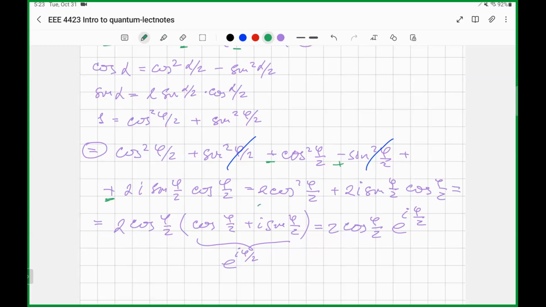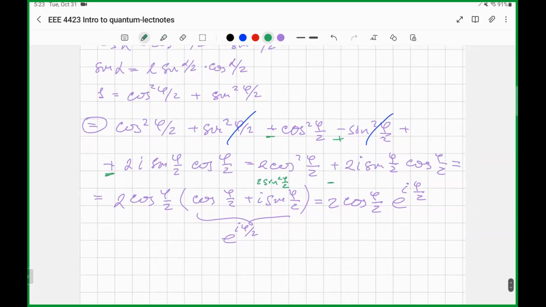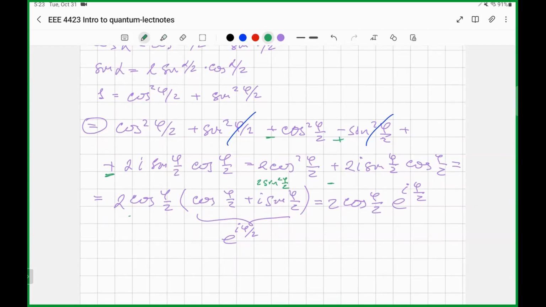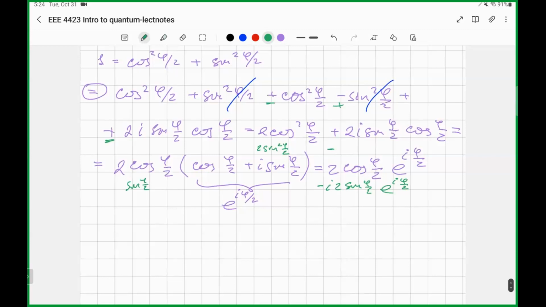So I would get 2 sine square phi over 2 here with plus, and then minus here, and then I would take the sine phi over 2 out from the parentheses, and in the parentheses I would get minus, so I took also minus i out, and then I get 2 sine phi over 2 e to the power of i phi over 2. Pretty good, looks good.